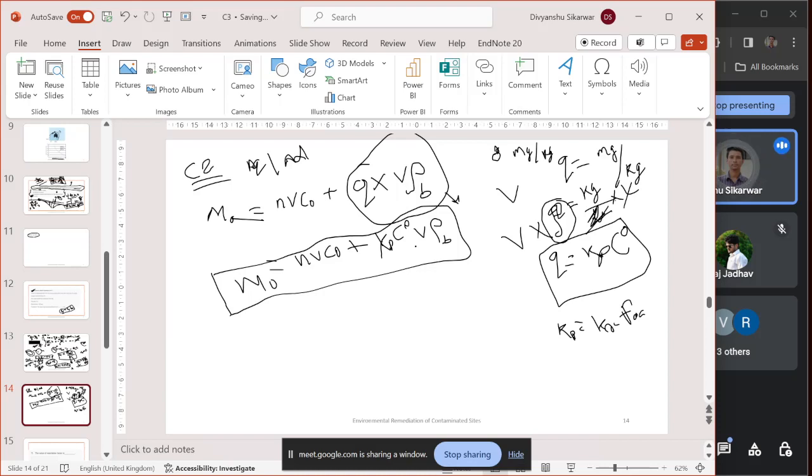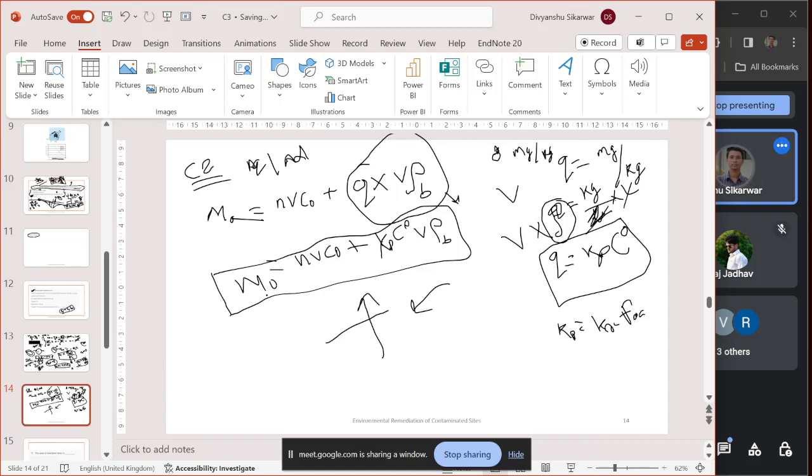You have to pump water initially, like for 1 month, and some contaminant which is in dissolved form will come out, and then you leave it for some time. Then the adsorbed contaminant will get desorbed and come into water, and then again you pump the water out. You will remove some of the contaminant, then again you leave it for some time. So you need to do multiple iterations, right?